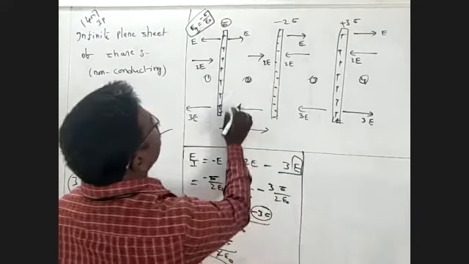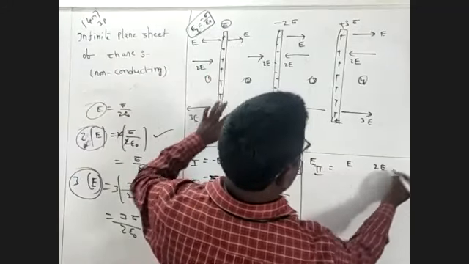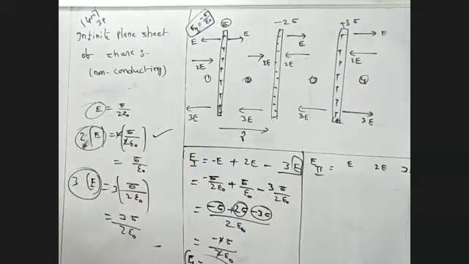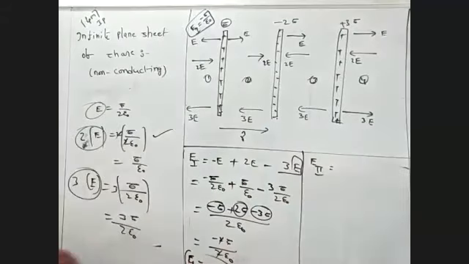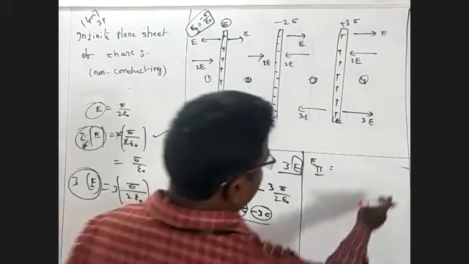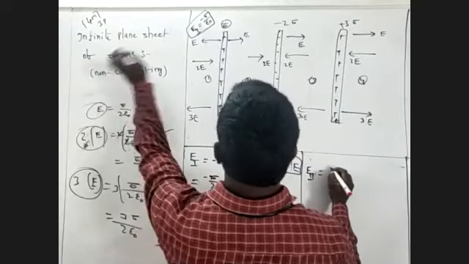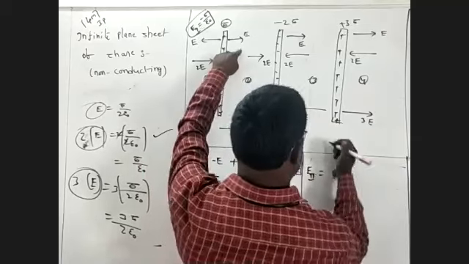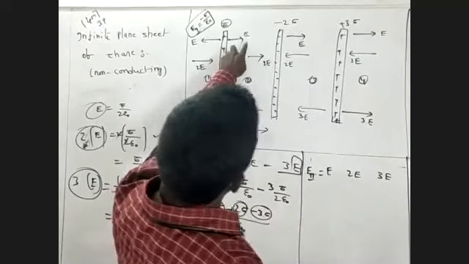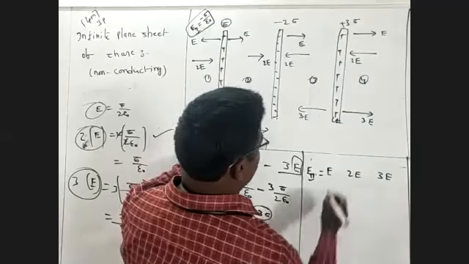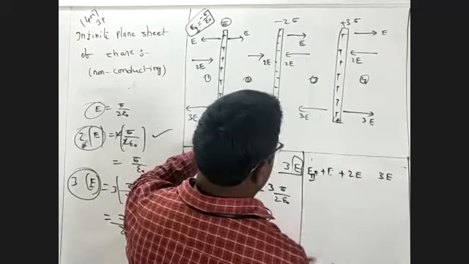In region number 2, E2 is equal to E, 2E and 3E. The direction of E bar and direction of R bar are in the same direction, so we take positive. The direction of 2E and direction of R bar are both in the same direction, positive.